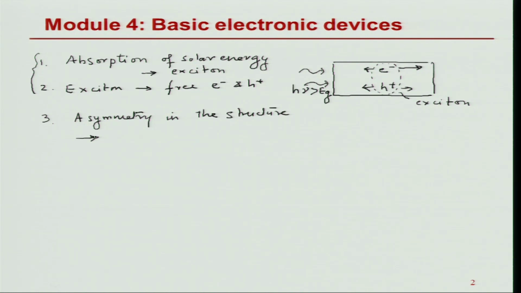So some asymmetry has to be built into the structure, and that allows the electron and hole movement in opposite directions.